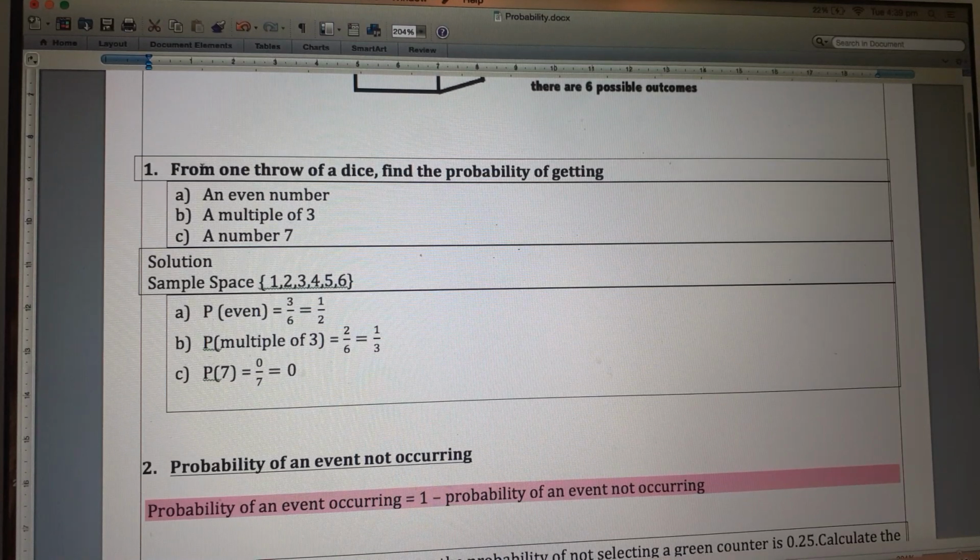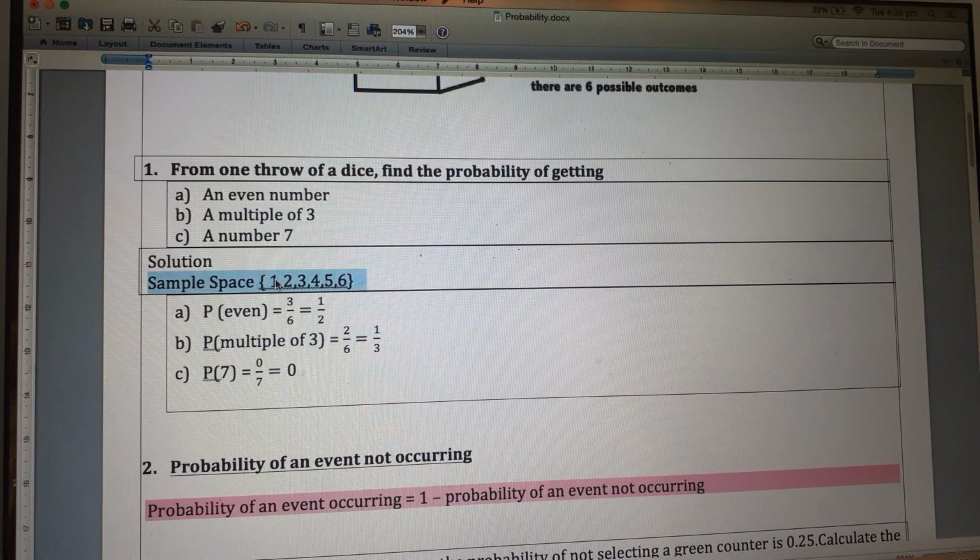Now, the question is: from one throw of a dice, find the probability of getting an even number, a multiple of 3, a number 7. Now, in the solution, I have written here sample space. What is sample space?